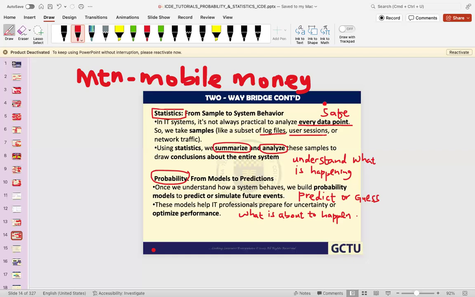You have to be one step ahead of the scammers, because they are devising new ways to exploit all these IT things: log files, user sessions, network traffic. You have to outsmart them by making your system robust.